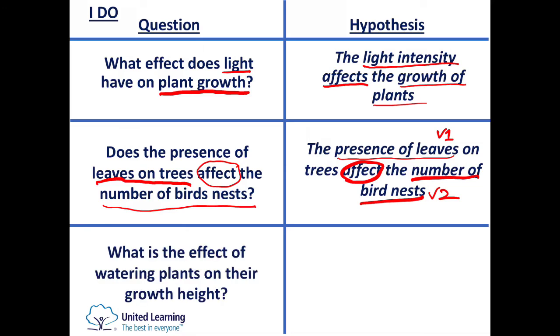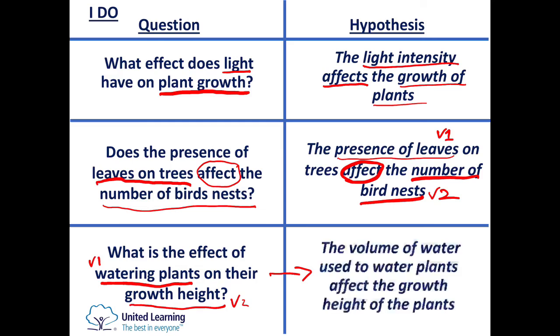And again, this next question is, what is the effect of watering plants on their growth height? So in order to formulate my hypothesis, I'm going to look at the first variable, which is going to be the watering plants. And growth height is going to be my second one.